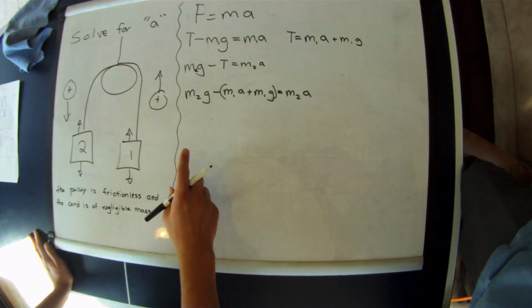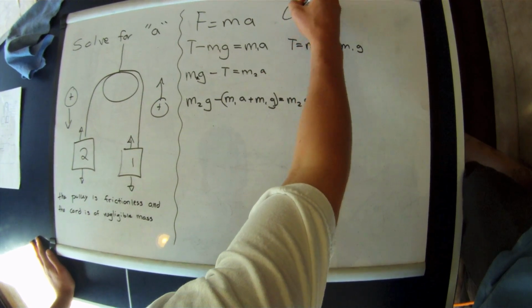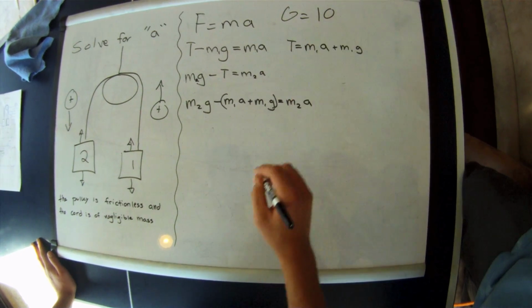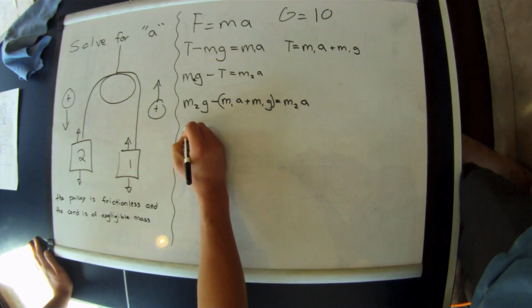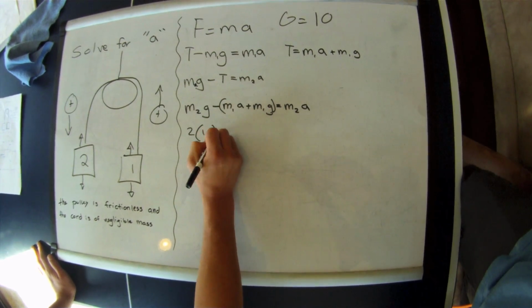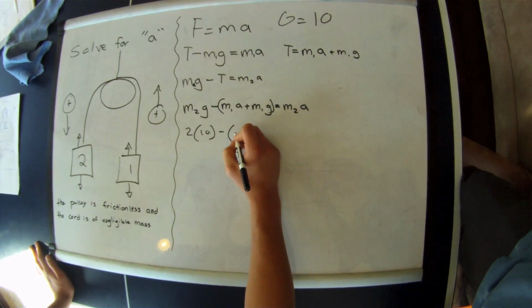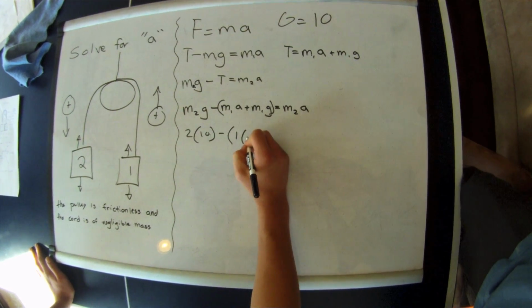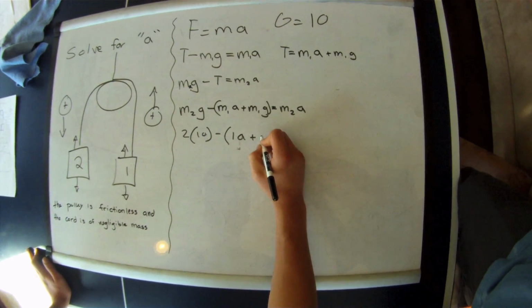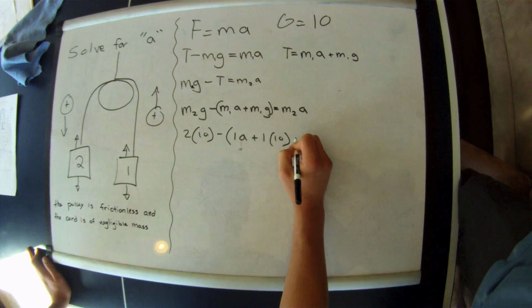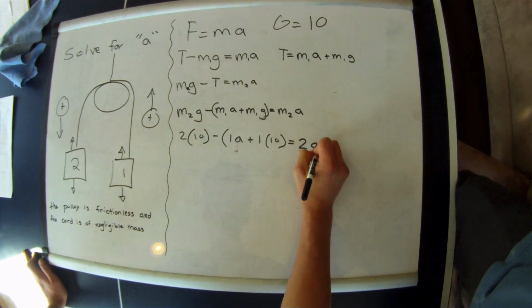When you plug in the variables, we're assuming g is equal to 10 for simplicity. You plug this in: m2 is 2, times 10, minus T, plus m1 is 1 times a, is equal to 2 times a.